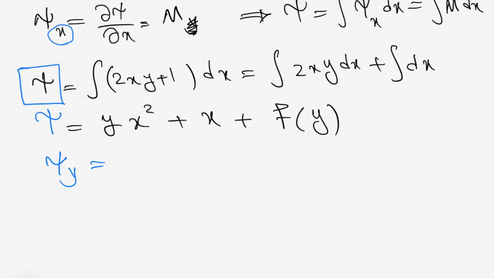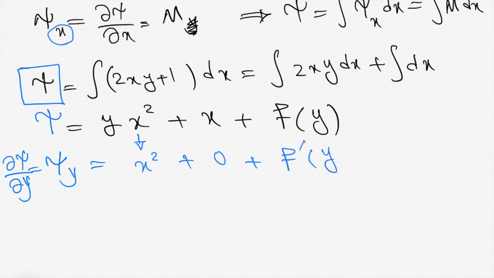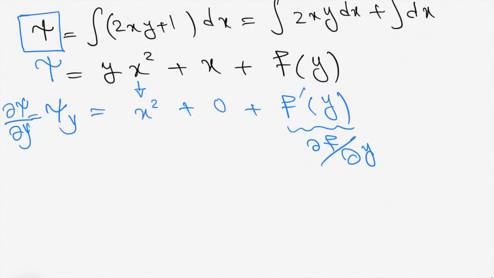So this is going to be equal to, taking a derivative with respect to y, x² plus 0, because this is the del of psi with respect to y, plus f prime. This means the del of f over del of y.